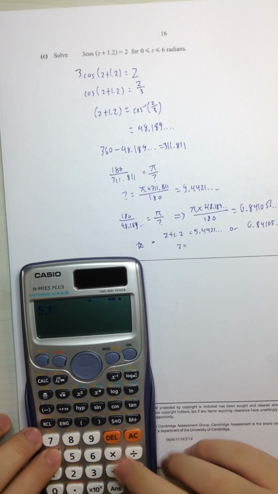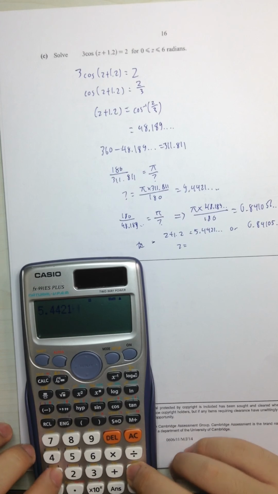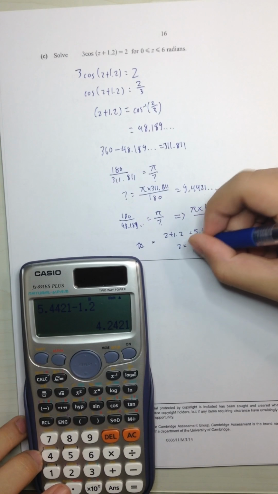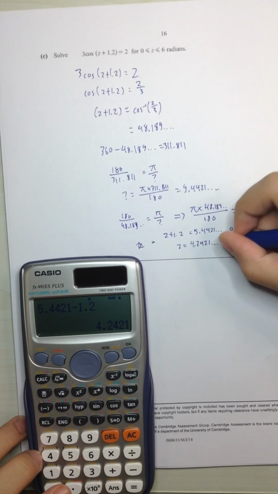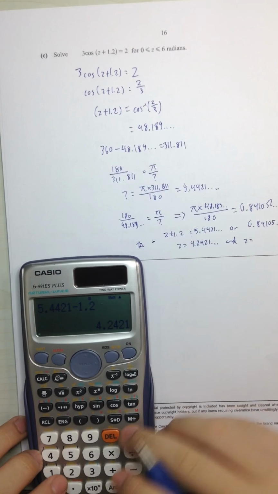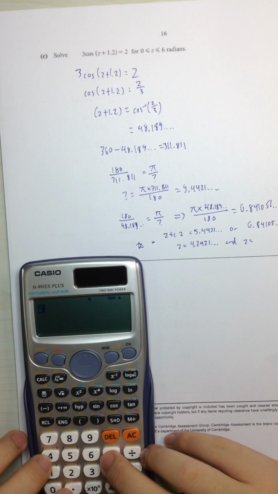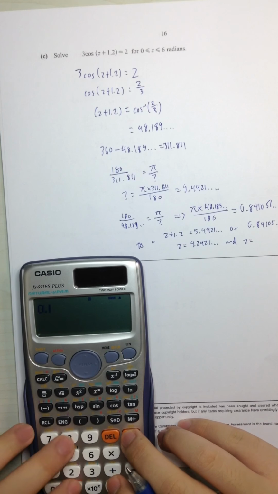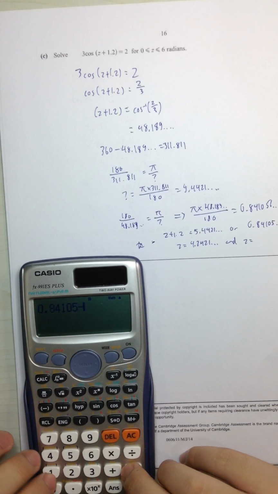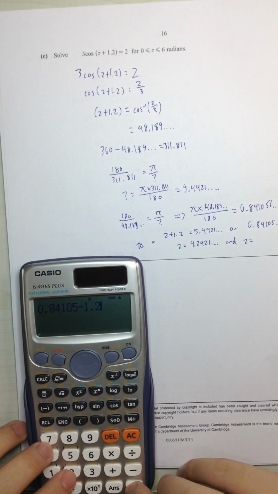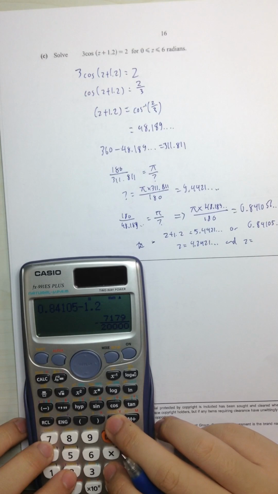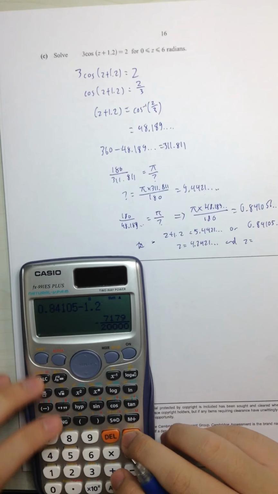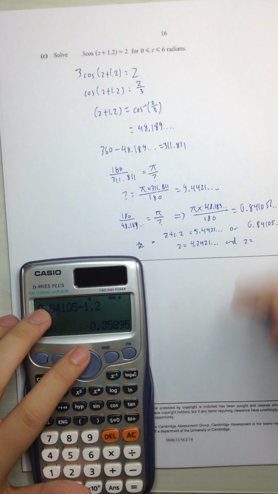So z is equal to 5.4421 minus 1.2, which is 4.2421, and z is equal to 0.84105 minus 1.2, which is equal to minus 0.35895.